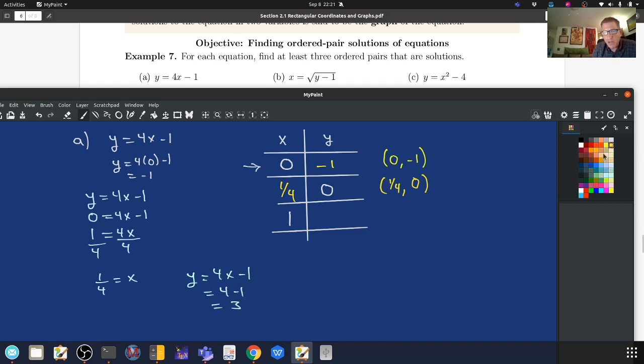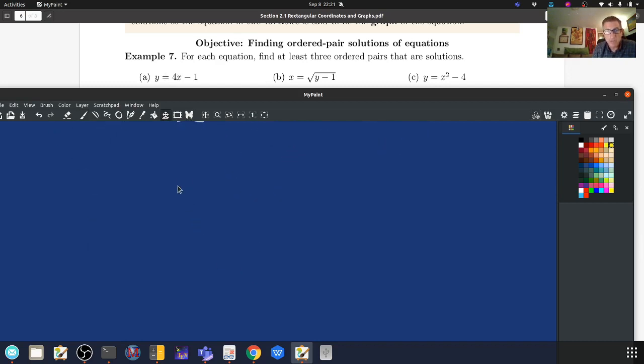So I have 3 points that are ordered pair solutions to equation A. Now your points may be different. How would I check them? I would plug your values into the original equation to see if they turn out to be a true statement, a true equation.